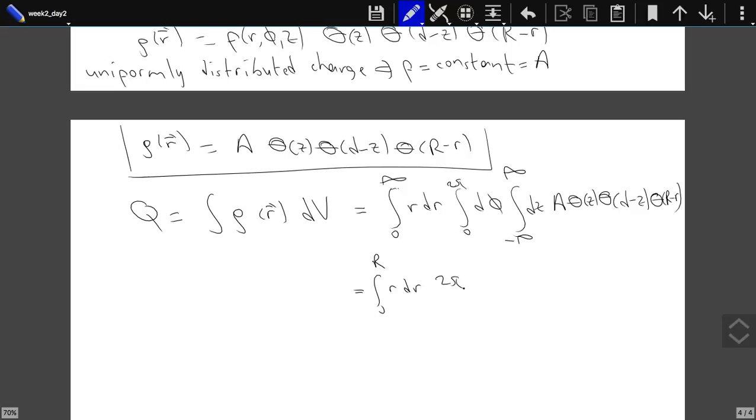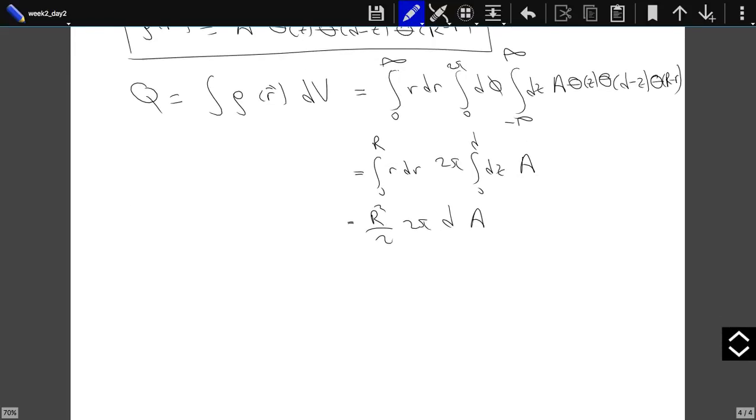And for the z integral, I have these two step functions, which tell me that if z is not between 0 and d, the integrand is 0. So over all these possible values of z, the only contribution comes from when z is between 0 and d, times a. Now we can evaluate these integrals. The r integral will just give me R squared over 2, times 2 pi times d times a.